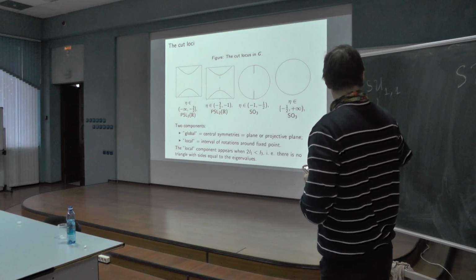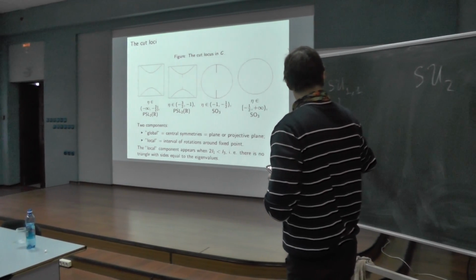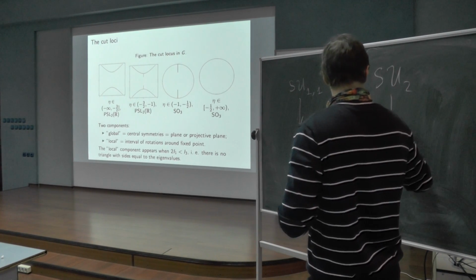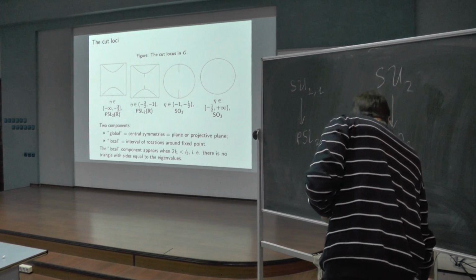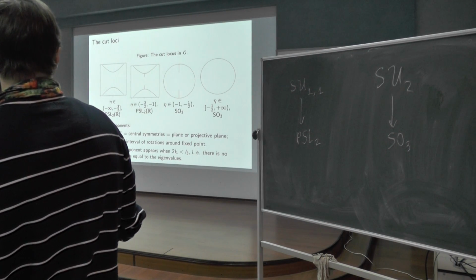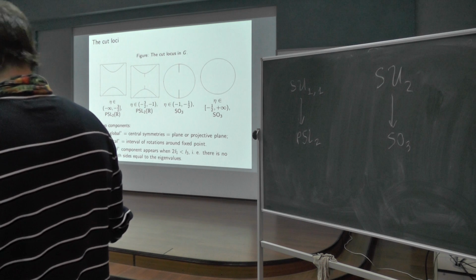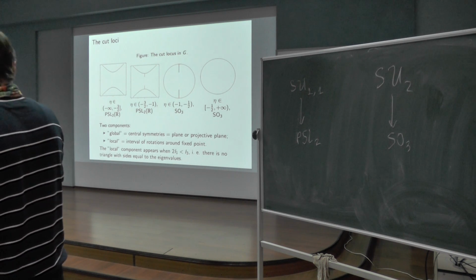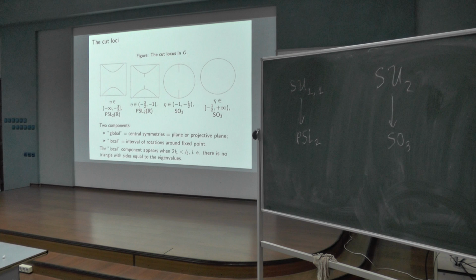This covers PSL2 and this covers SO3. So the PSL2 group is homeomorphic to the solid torus, and in this picture this torus is the area between two cups of a hyperboloid.